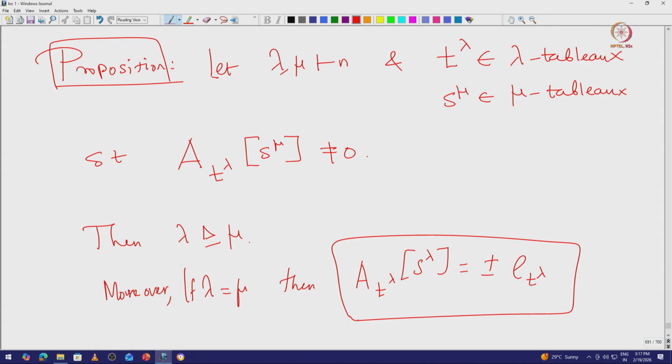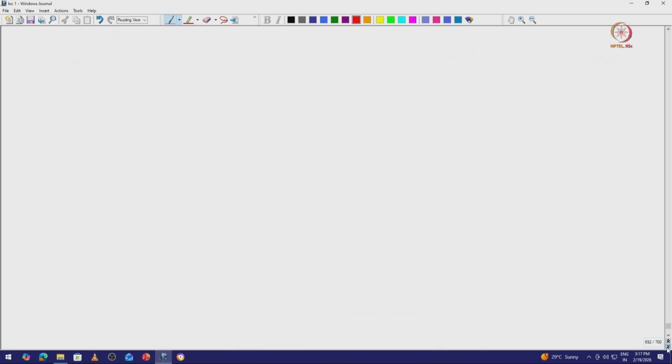This is a very important proposition, and it will be proved by playing around with the symmetric group. Of course, we use the dominance lemma.